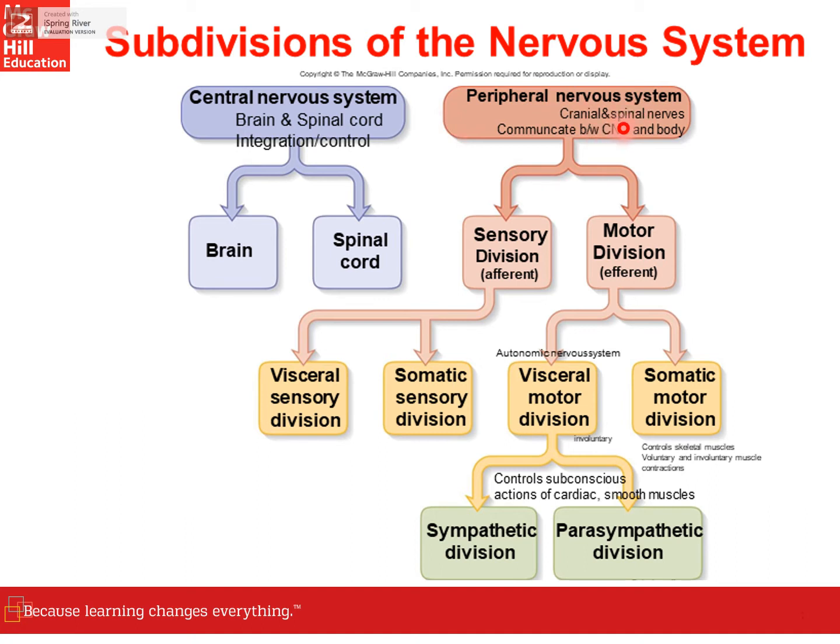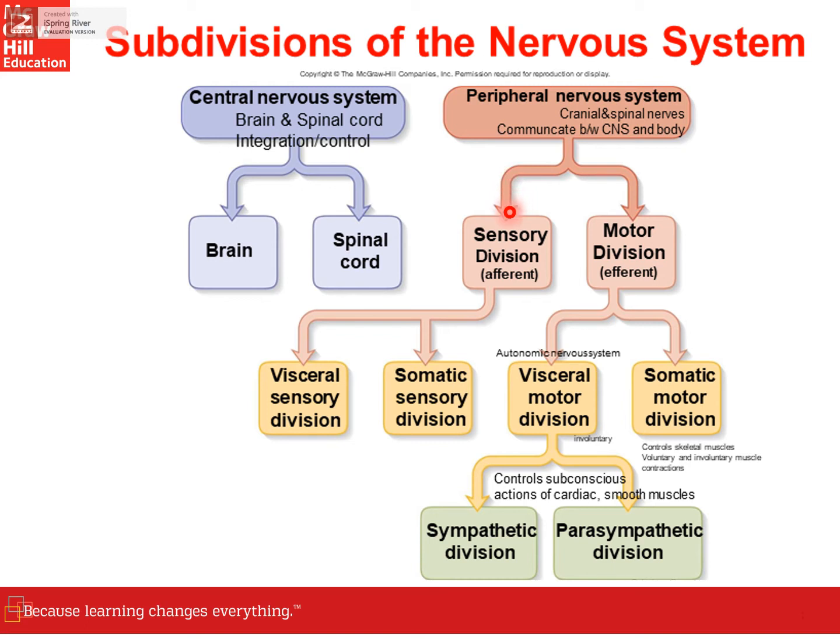So the cranial nerves and the spinal nerves that communicate information to the central nervous system are called the peripheral nervous system. Primarily, the peripheral nervous system contains extensions of the nerves from the brain and the spinal cord to everywhere else in the body.